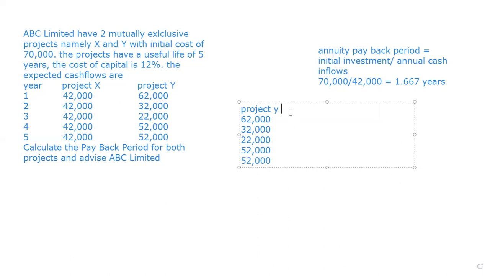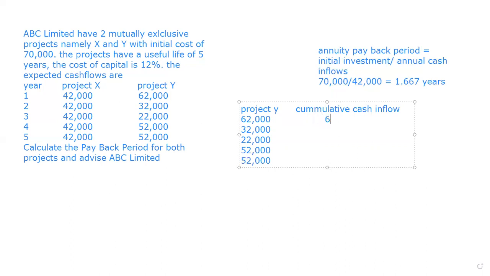Then we need to get the cumulative cash flows. How do you get the cumulative cash flow? For year one, we have 62,000, so you write there 62,000.